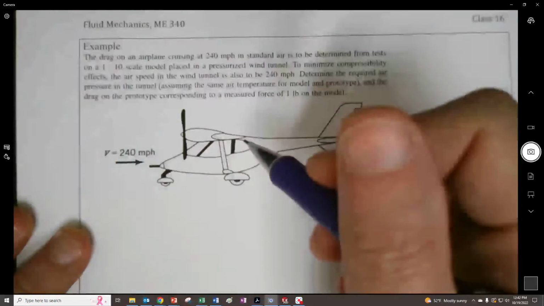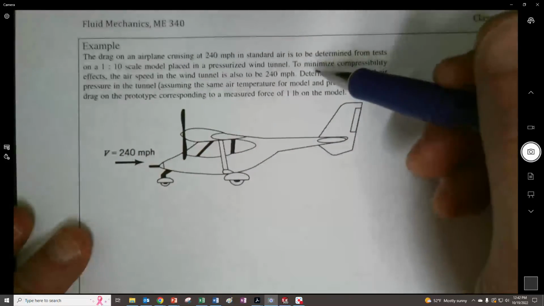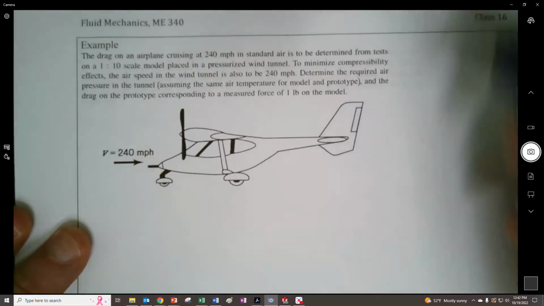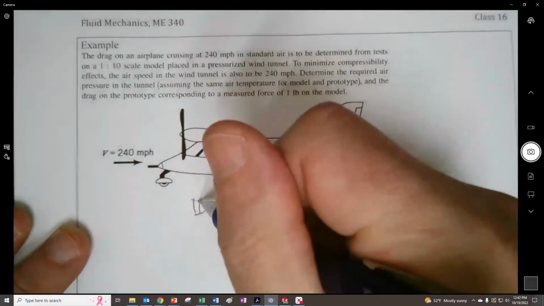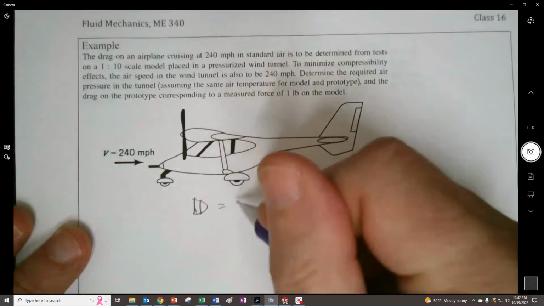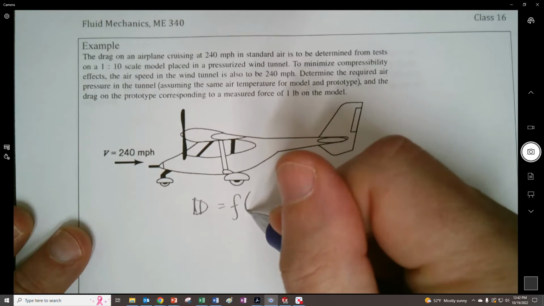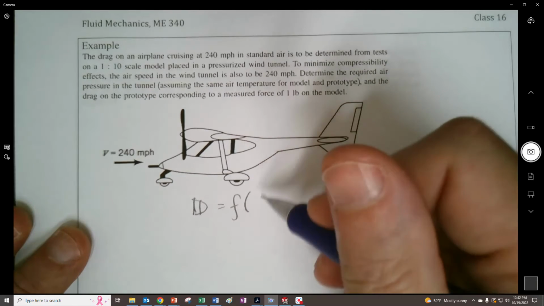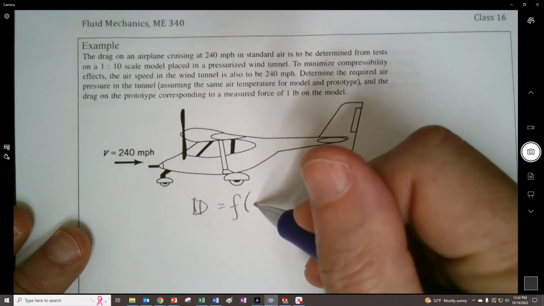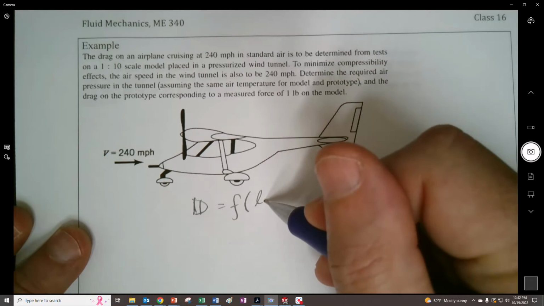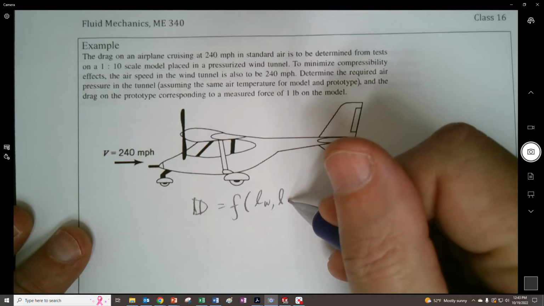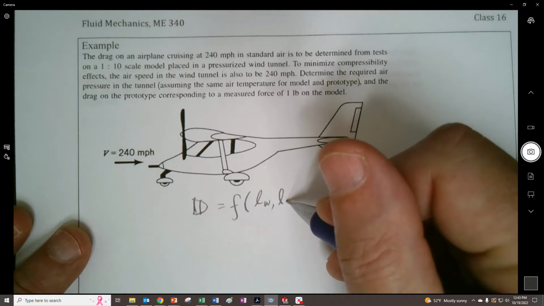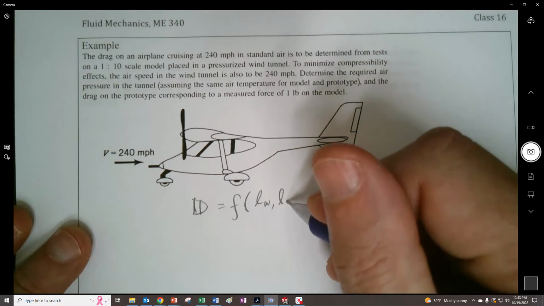But if we were to take a look at this situation, we would find that the drag, which is the principal thing that we want to find, was a function of variables including, maybe the length of the wing, the length of the airplane, or overall length, whatever.